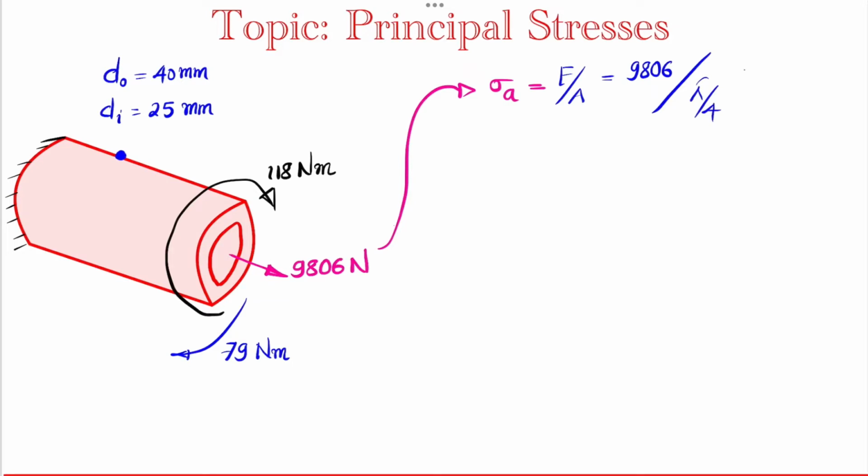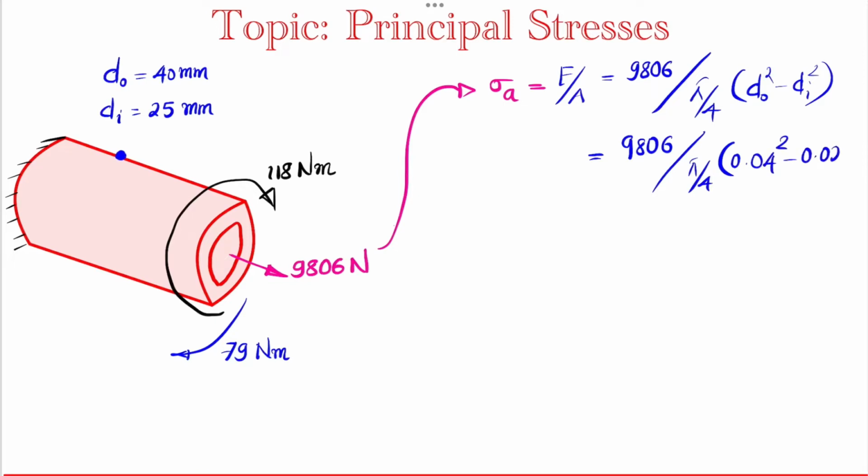So this will be equal to pi by 4 into d outer square minus d inner square. We need to substitute those values. So it is 9806 divided by pi by 4 into, here I will be substituting in meters, 40 mm is 0.04 meters minus 25 mm is 0.025 square.